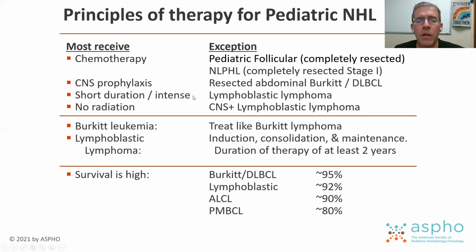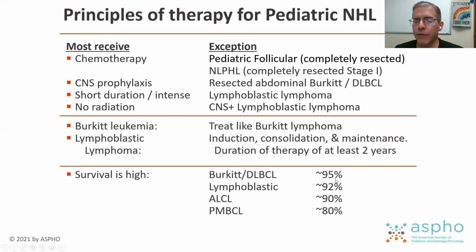Therapy is shorter and very, very intensive, with the exception of lymphoblastic lymphoma, which we treat more like leukemia. No radiation, with the exception of CNS positive lymphoblastic lymphoma, but even that's falling out of favor. Burkitt leukemia, we treat like Burkitt lymphoma. Lymphoblastic lymphoma, we have induction, consolidation, and maintenance, and the duration of therapy is at least 2 years.